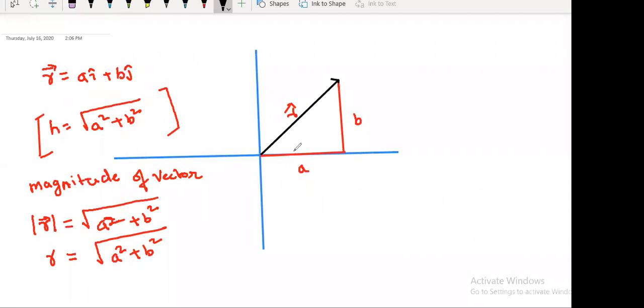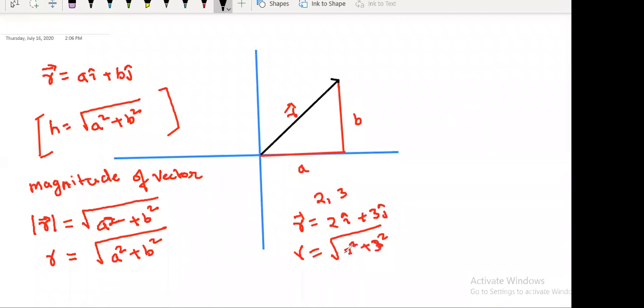Now tell me, if you have a point 2,3, it can be represented as a vector, which is 2i cap plus 3j cap. Yes or no? Then the magnitude is given by root of 2 square plus 3 square.